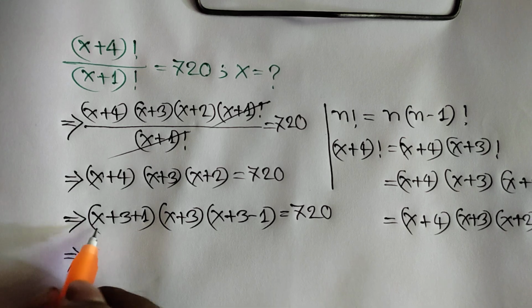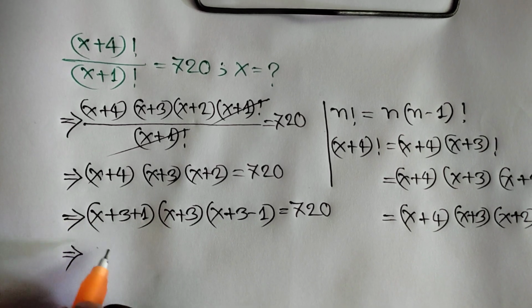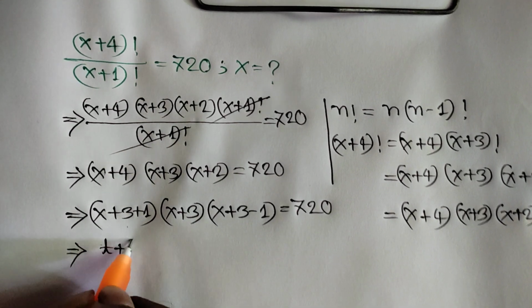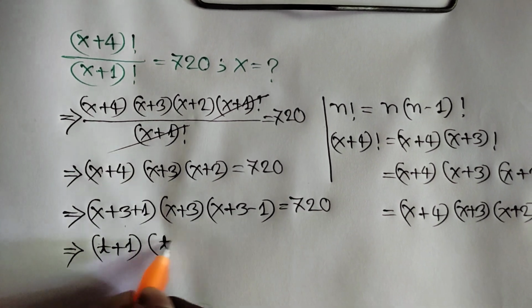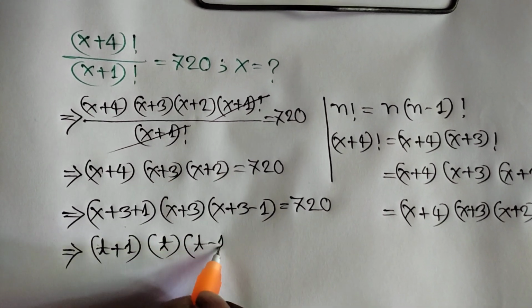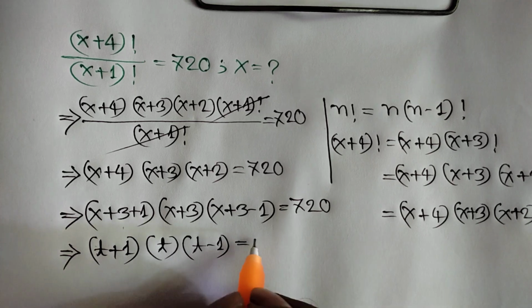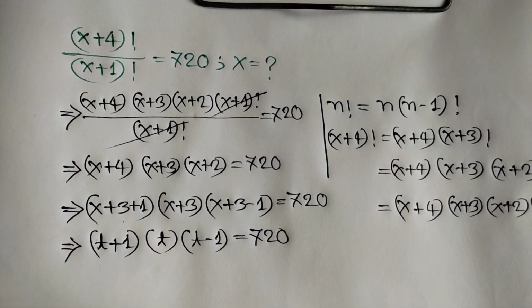Now let x+3 equal t. So we can write here (t+1) times (t-1) is equal to 720.